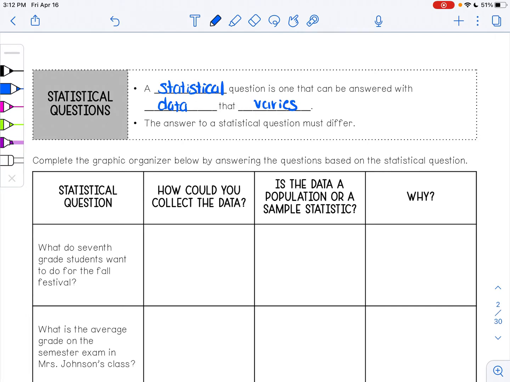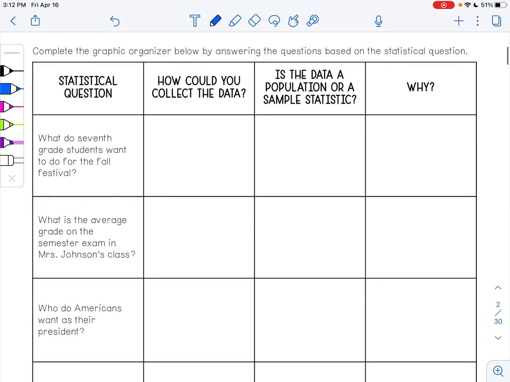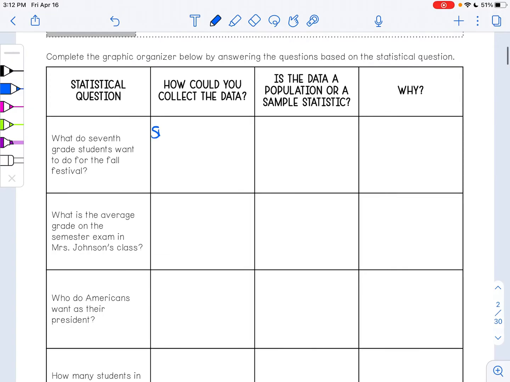So our first statistical question is, what do 7th grade students want to do for the fall festival? So the first thing we want to think about is, how could we collect this data? One way that we could collect the data is to survey 7th graders at lunch.